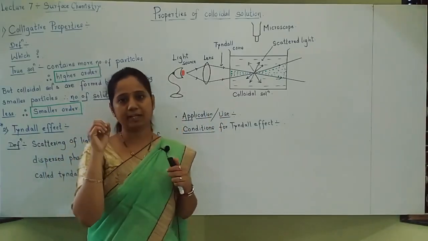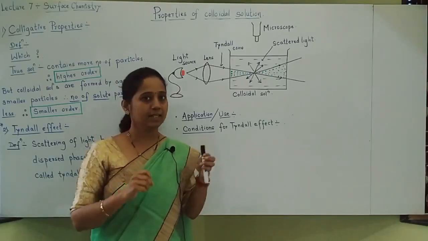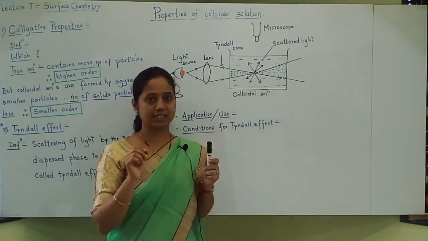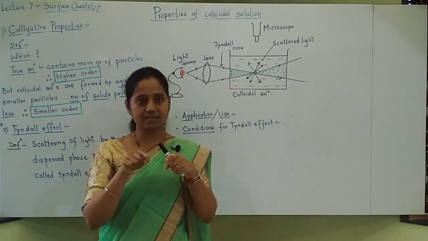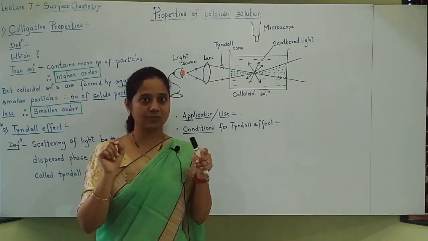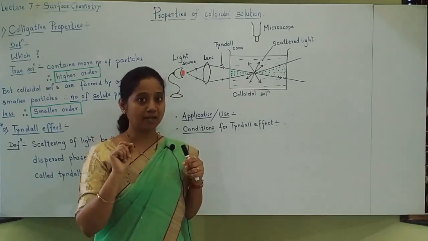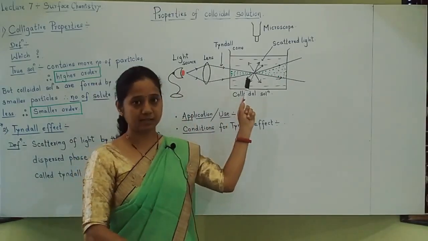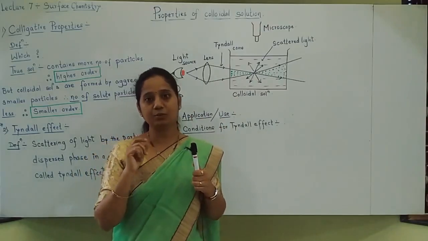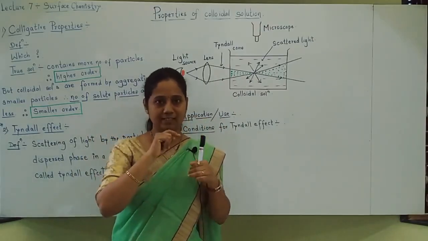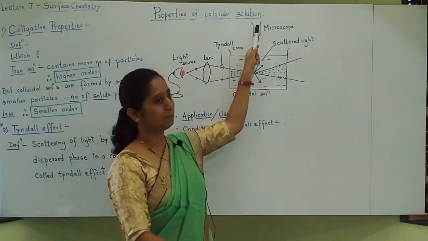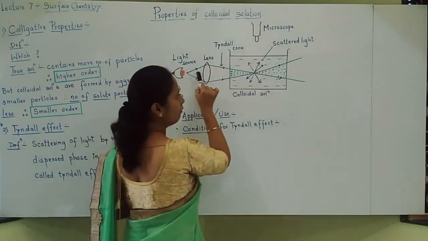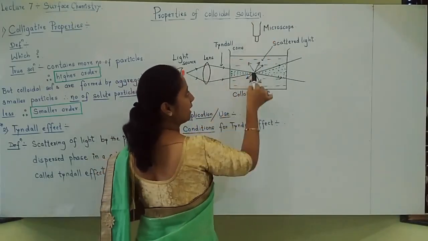Now we have to observe this beam of light at a right angle to the path of light, so a microscope is kept upside. Are you understanding? Right angle.